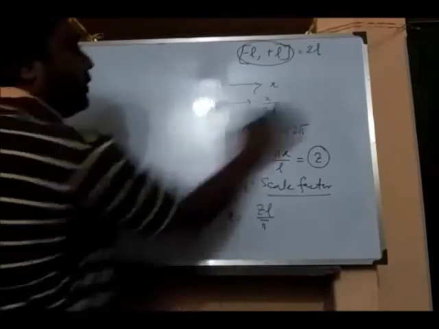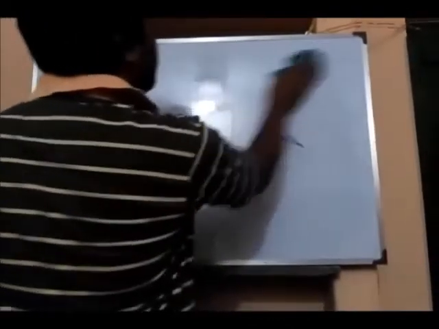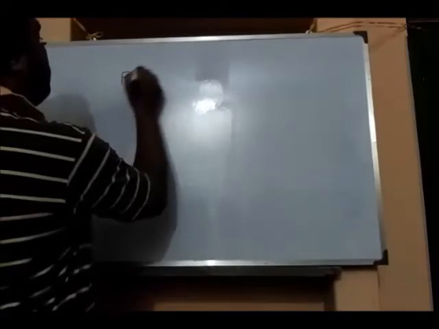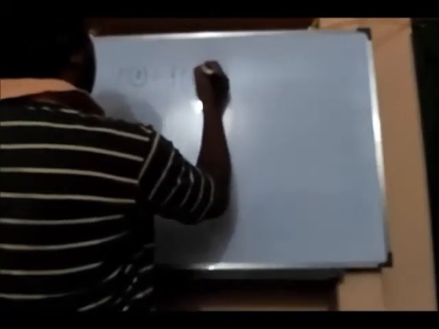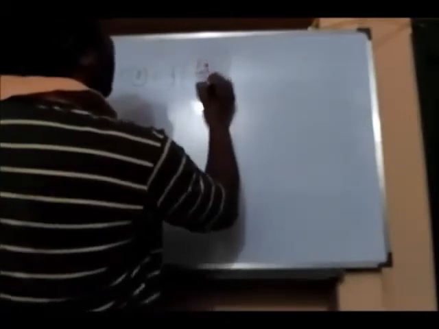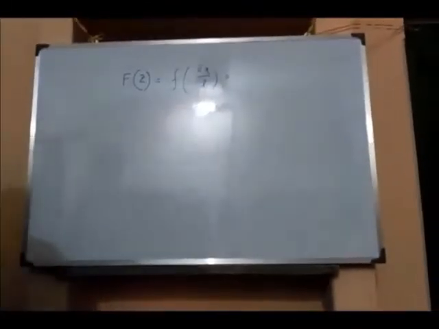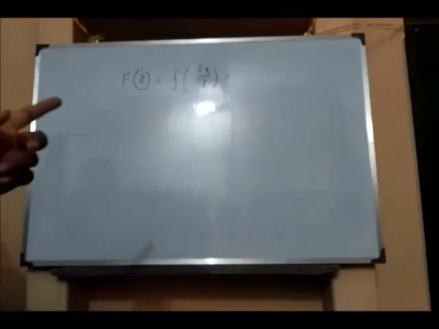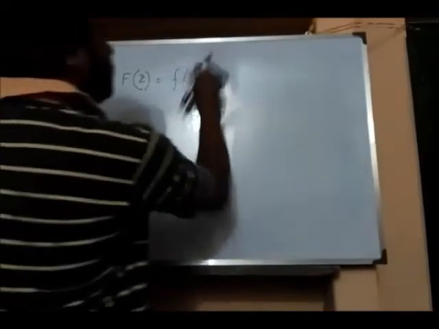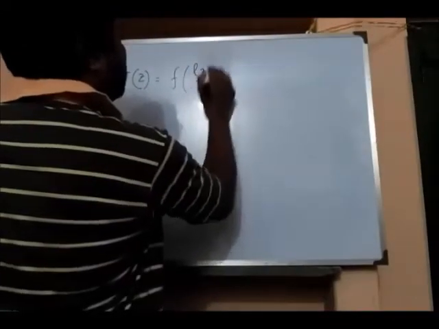Okay, so what you do here, you choose some scale factor here, so the Fourier series must be F(z) equal to f(pi x by L), and the value of this Fourier series I can write here as F(z), so you can write here Lz by pi.